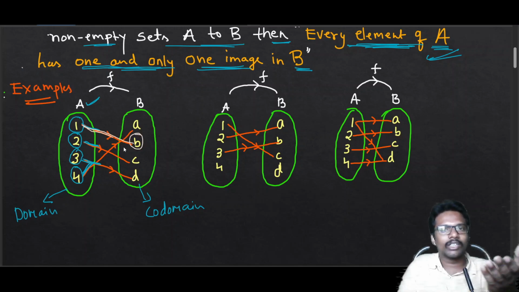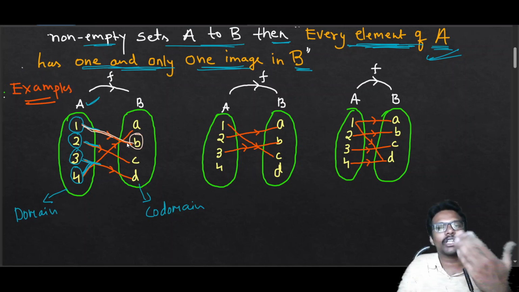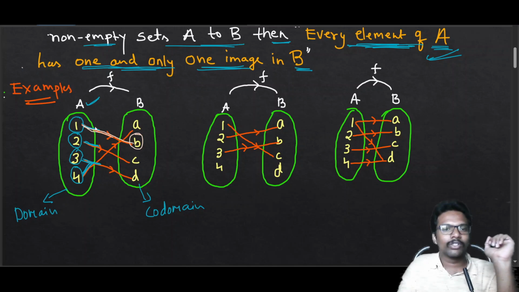Image means if you stand in front of a mirror, the person inside the mirror is the image of myself. Image is nothing but a reflection. If I am reflected in a mirror, that reflected part is the image. So here for 1, B is the image. Here one and only one image is there, so only one arrow mark is going outside from 1.